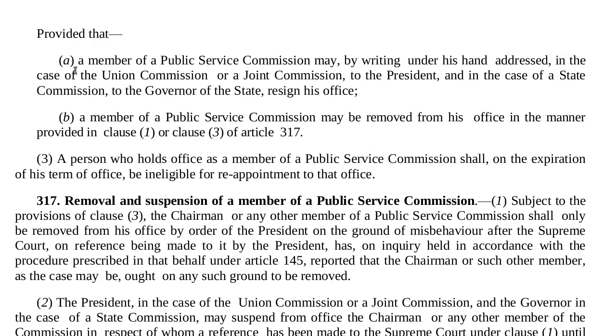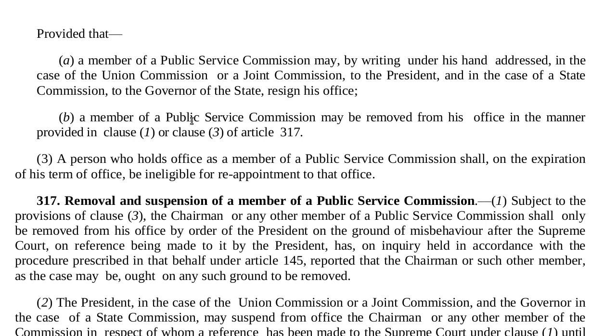Provided that a member of a public service commission may, by writing under his hand addressed, in the case of the union commission or a joint commission, to the president, and in the case of a state commission, to the governor of the state, resign his office.